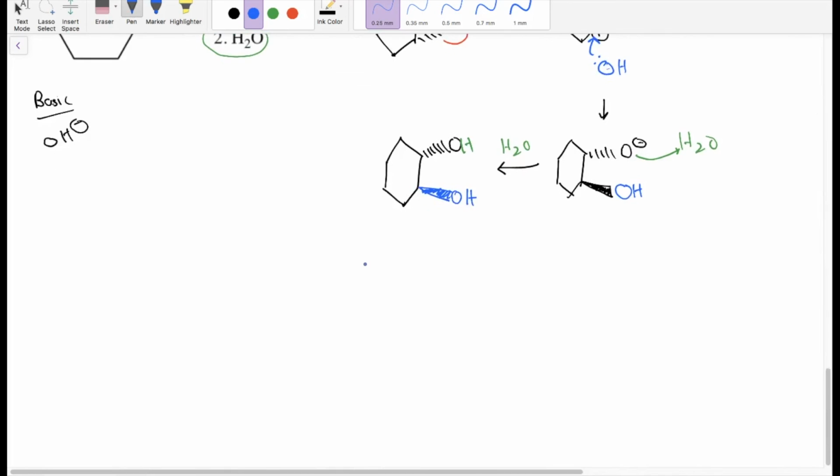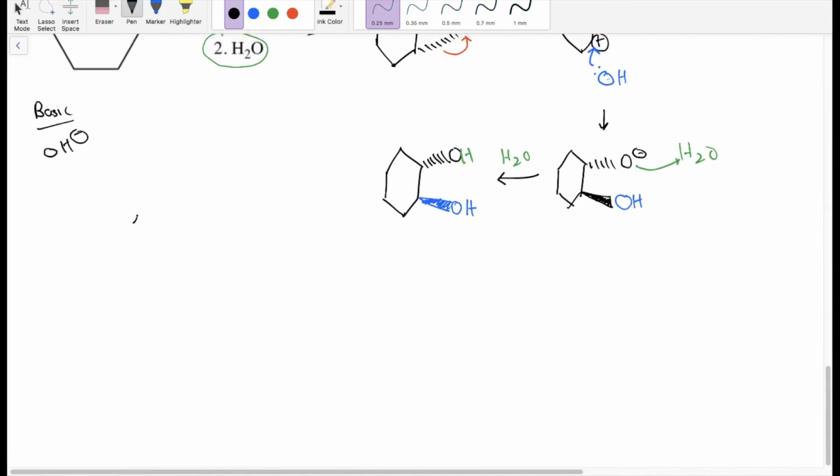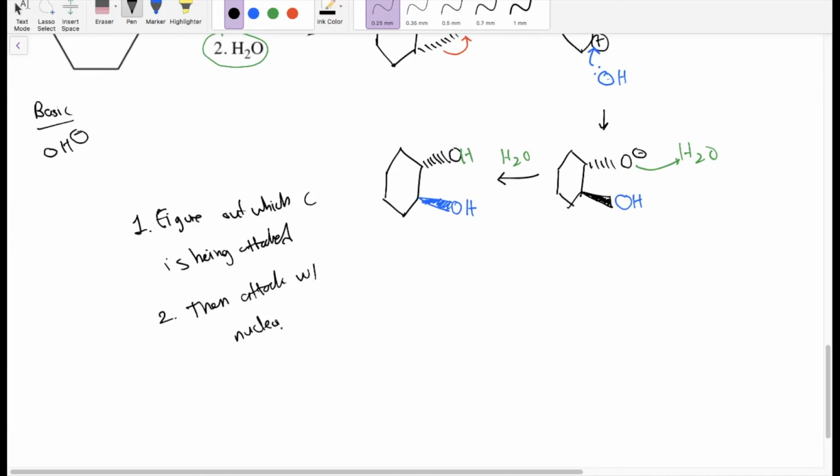They're all pretty similar. They all follow a few steps. 1, figure out which carbon is being attacked. Okay, then attack the carbon with the nucleophile.